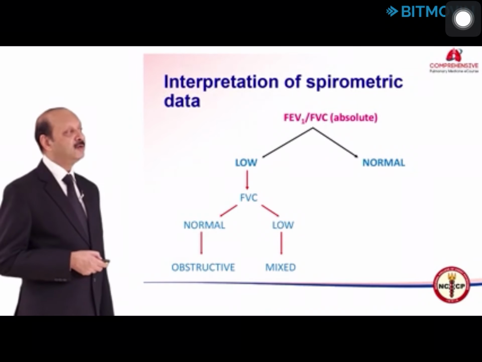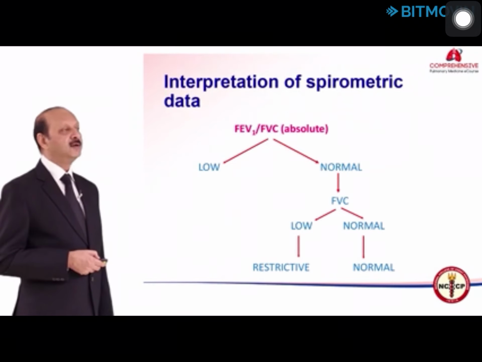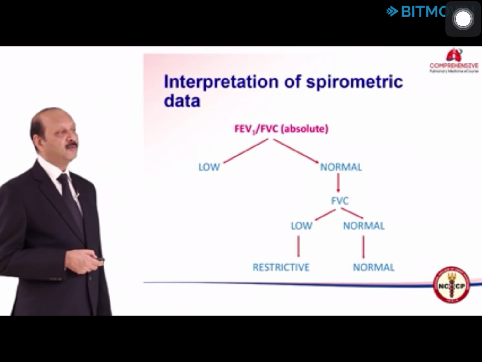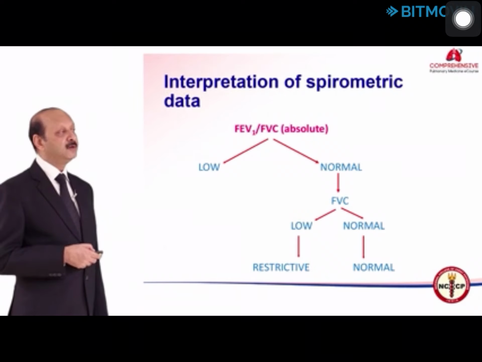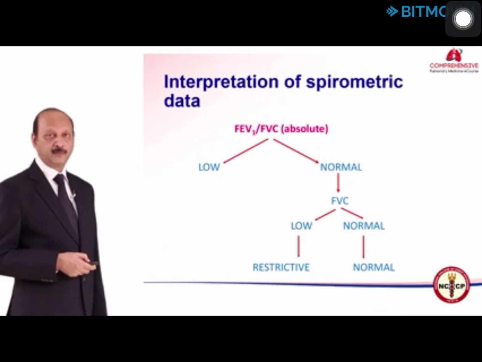On the other hand, you can have the FEV1 by FVC ratio normal, that means there is no obstruction. Then you do the vital capacity. If the vital capacity is also normal, that means there is no obstruction and there is no restriction. So, the person is having normal spirometry.